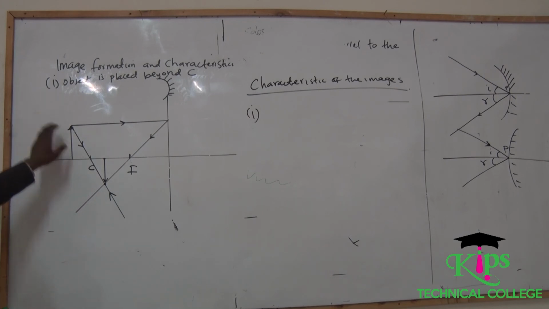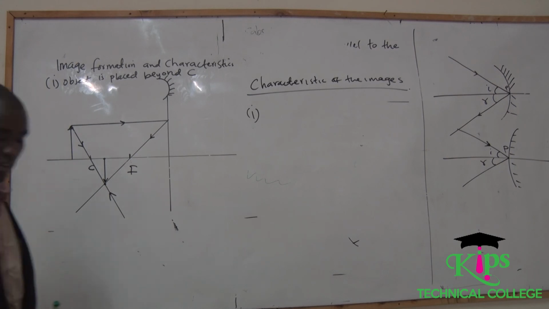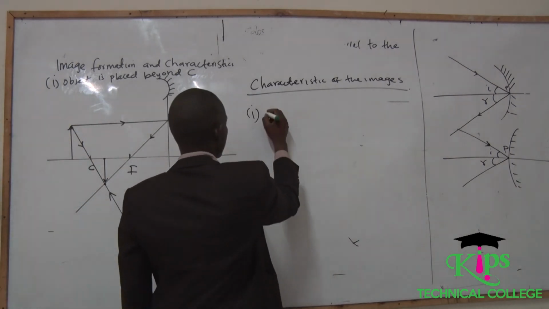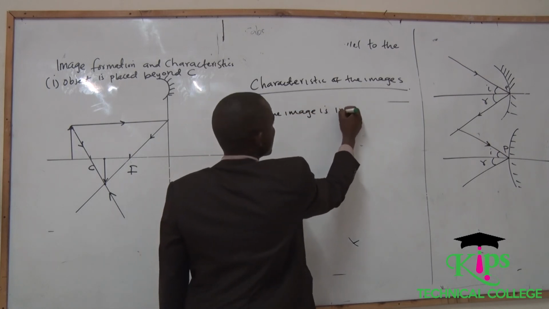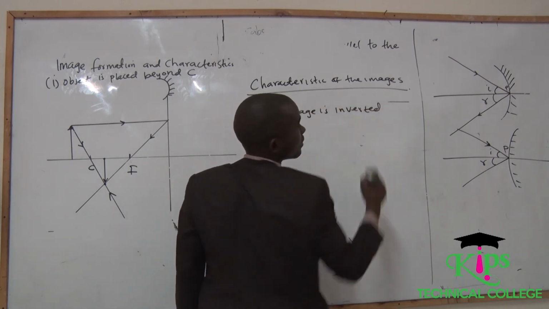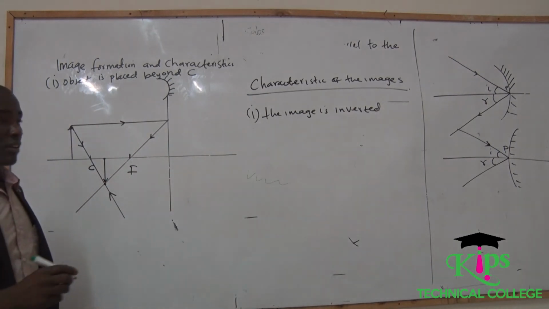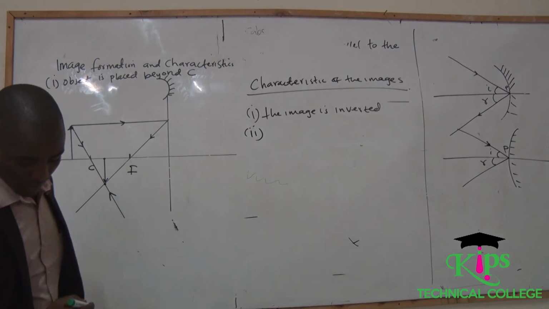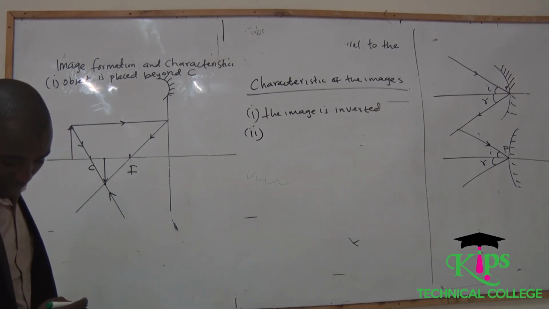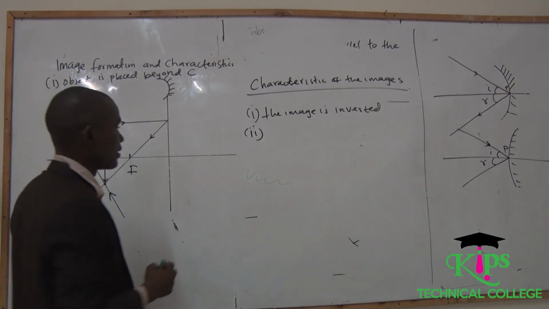This one is upright, this one is inverted. So the first characteristic is the image is inverted. Roman number 2. The image is real.